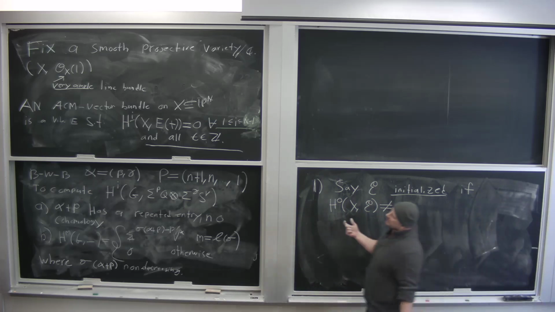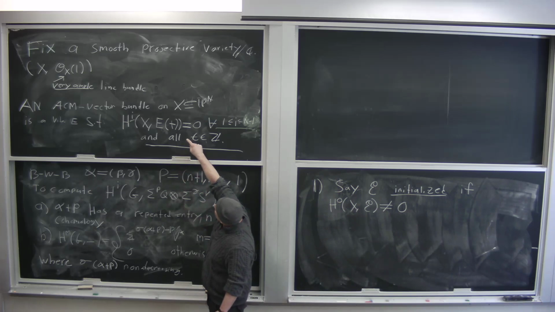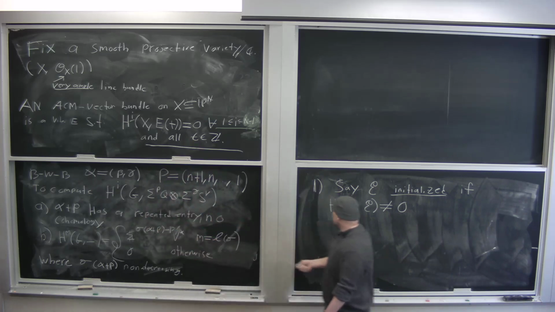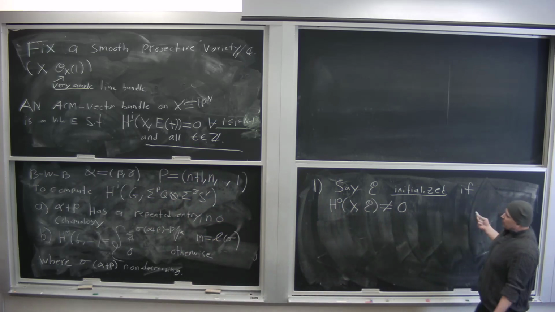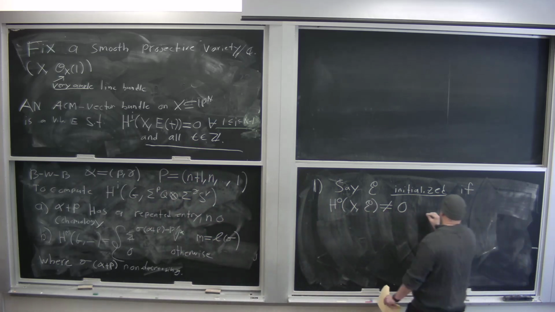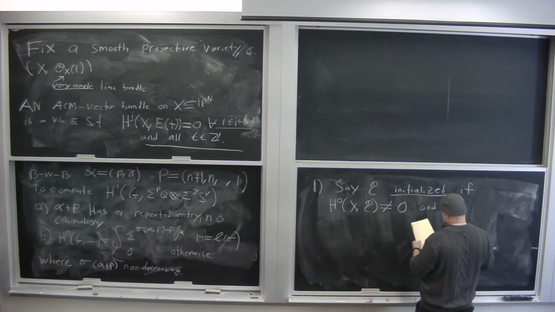What I'm saying is that these vector bundles have cohomology in at most one degree, so I want to twist it so that I have it in H0.